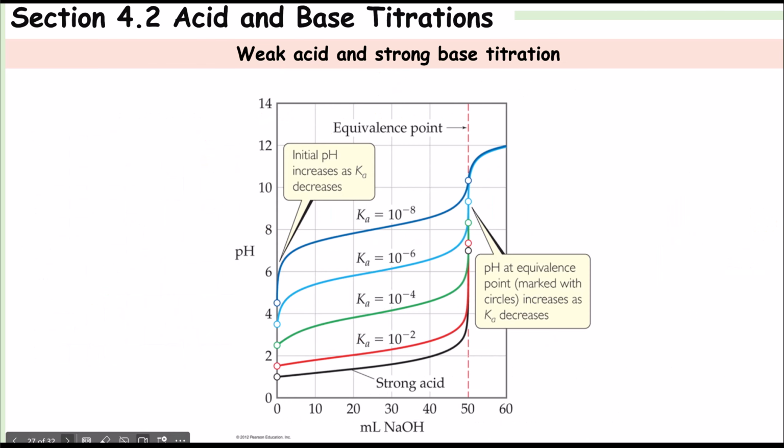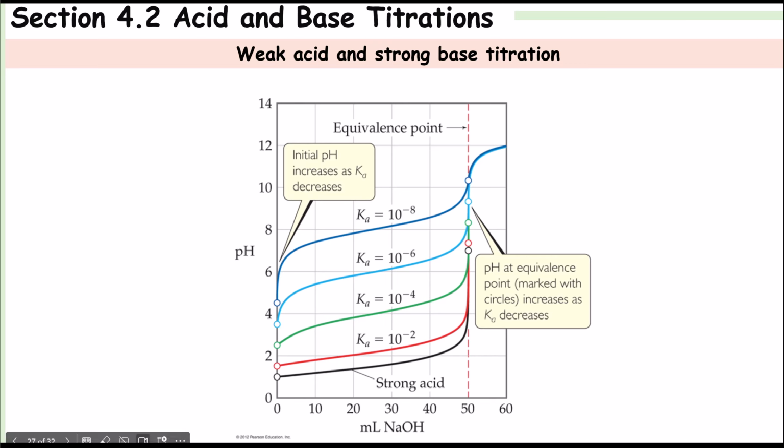I like to talk about this graph over here, and it illustrates a really good titration curve for all the different types of acids. So here I have a really strong acid and strong base titration. If you have a really strong acid, you'll notice that the curve is on the bottom. As you go up like this, these different colors are considered to be weak acids.